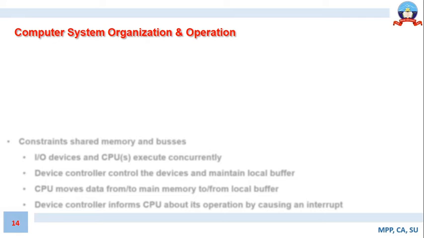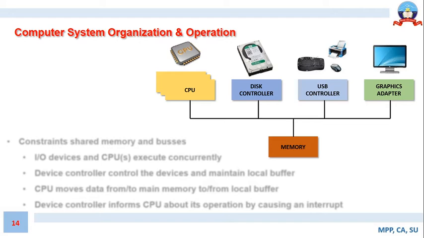Now let us try to understand a computer system with the help of a schematic representation. A computer system has, as discussed, peripheral devices, a central processing unit, a memory unit, and a system bus. We forgot to discuss the system bus. The system bus refers to the channels of communication between various units. We have the control bus, the data bus, and the address bus.